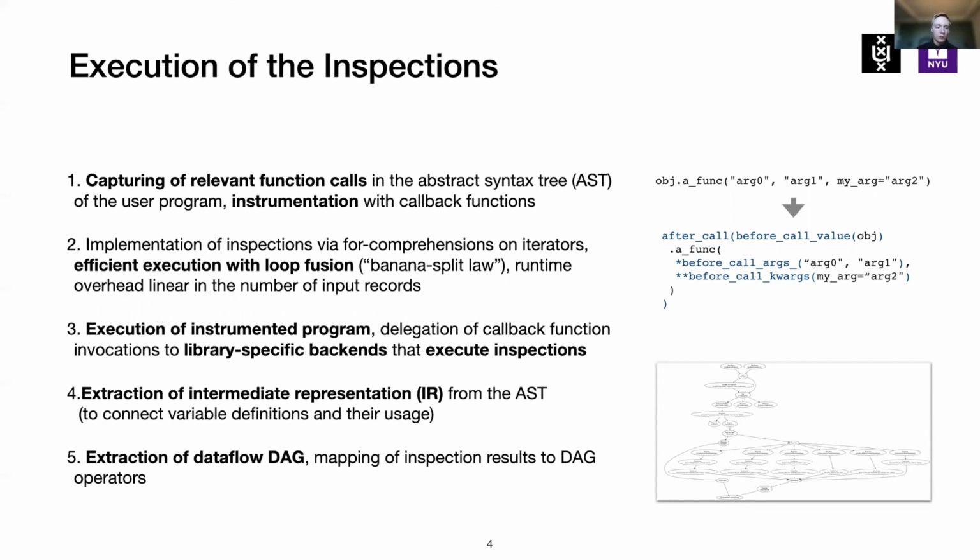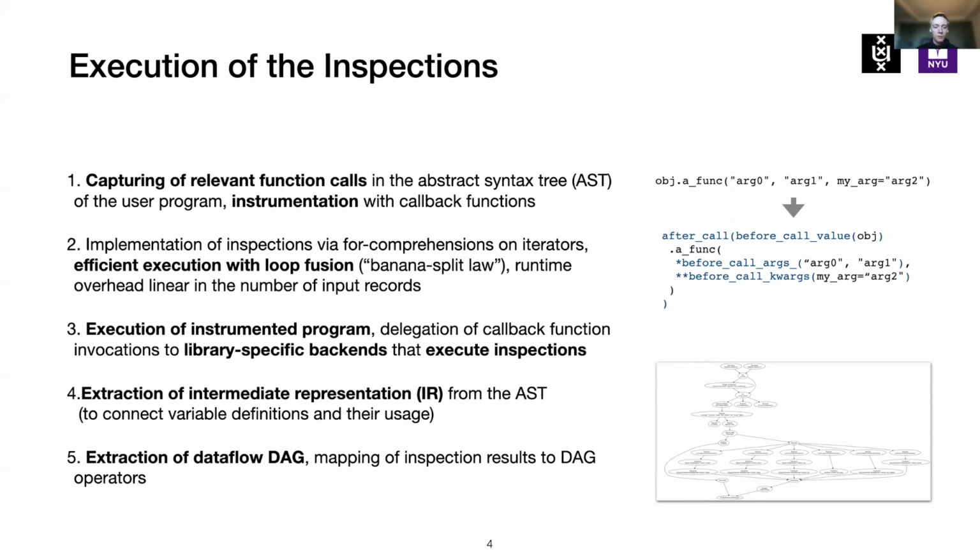Then we insert our own function calls around it to get both the input and output of the original function call. As seen before, we also require users to specify the set of inspections to apply in advance before executing the pipeline. Because each inspection we provide only has a constant overhead per input-output process, the runtime overhead is linear in the number of inspection input records.